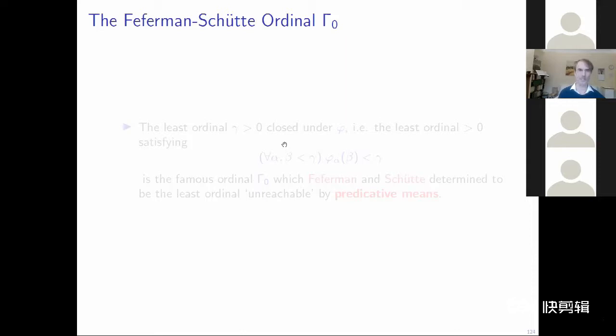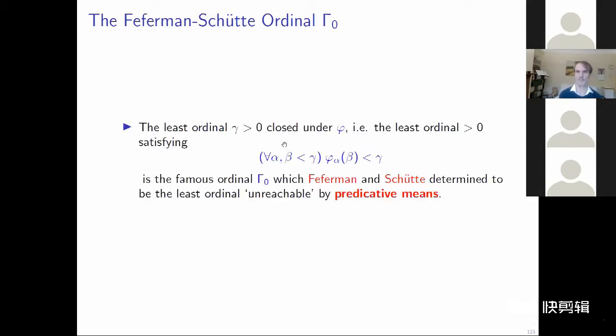It was used by Feferman and Schütte in their proof-theoretic work in the 1960s, where they determined the limit of certain autonomous progressions of theories, how far these progressions reach. Progressions of theories were first introduced by Turing.